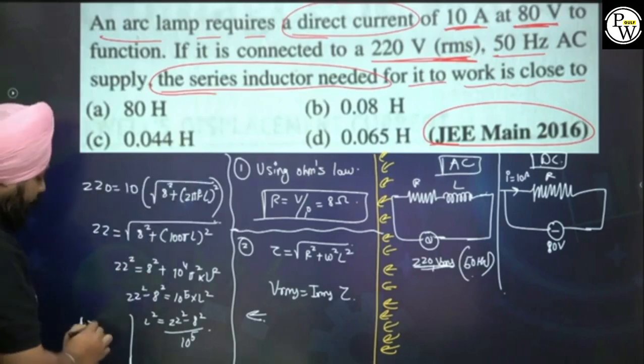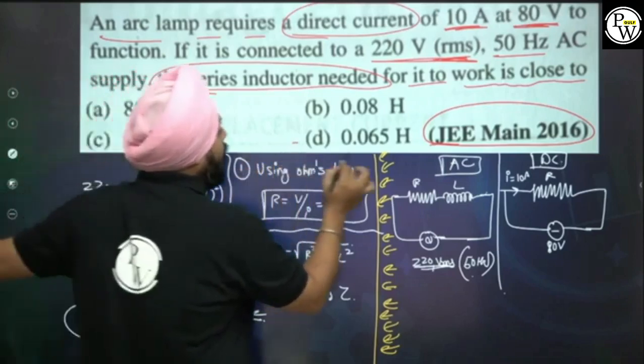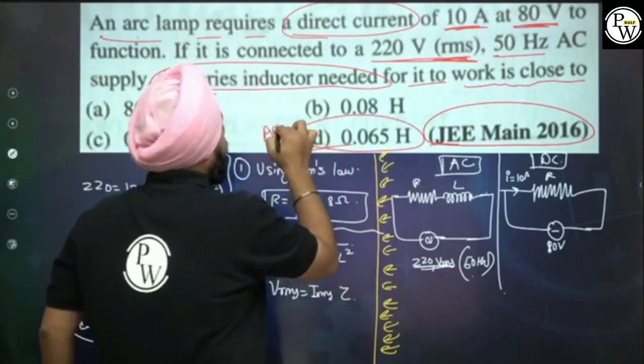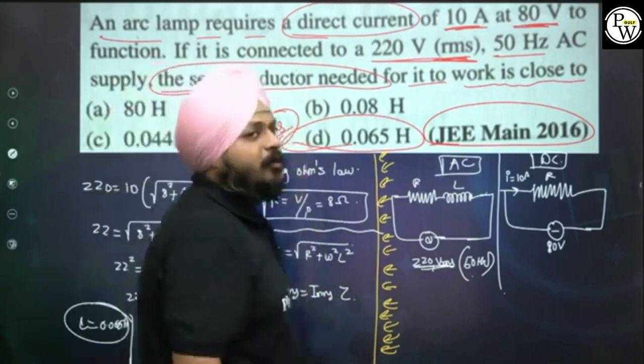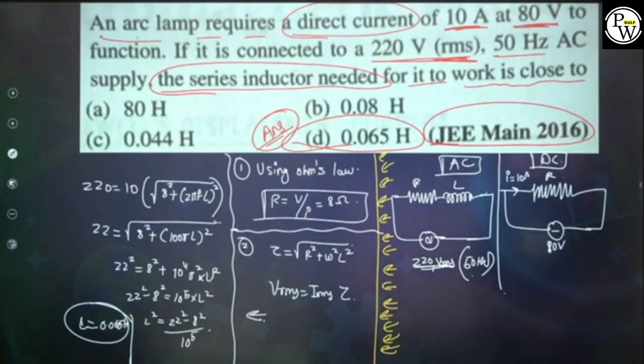Nearly about it is going to be 0.065 Henry. D is the perfect answer for this specific question. I'm moving aside. If you just note this down, you can. D will be the perfect answer for this specific question.